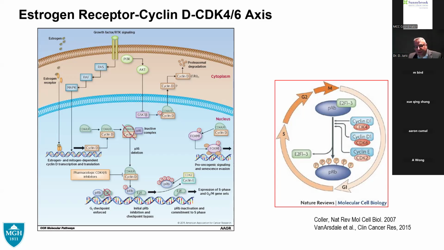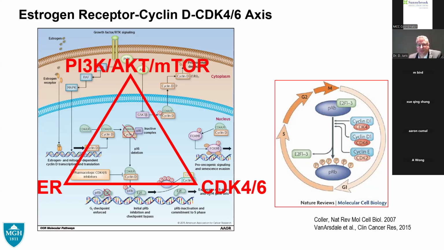So one of the fundamental discoveries is that estrogen receptor, you see it top left corner, directly controls cyclin D. And that cyclin D, together with CDK4/6, as you can see on the right, controls the phosphorylation state of the RB, and that's ultimately what controls the progression in the cell cycle. So think of ER and CDK4/6 as two aspects of essentially the same biology.